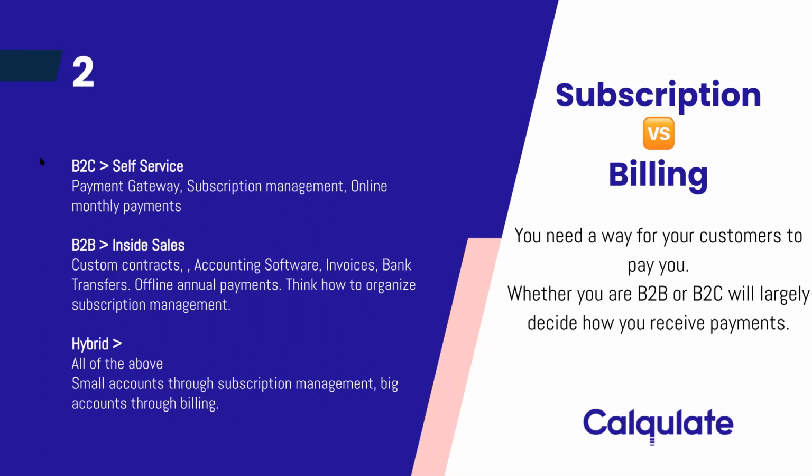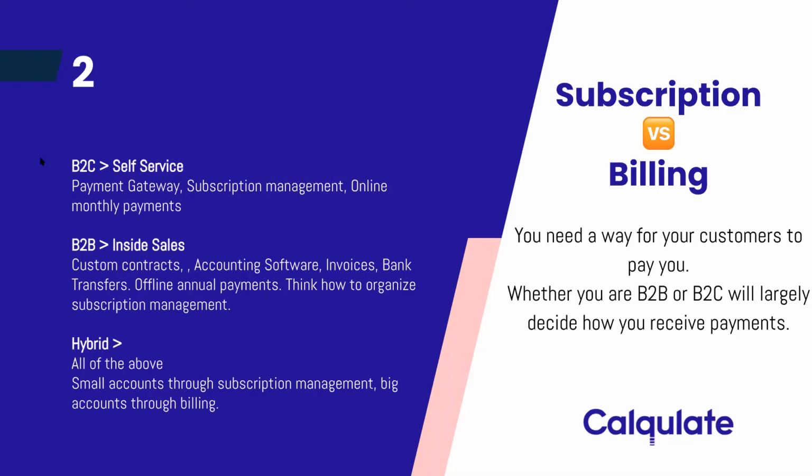But a lot of B2C companies would be self-serve companies. They need a really good payment gateway. They need a really good subscription management tool, and they get money in through online payments. B2B companies are often on the other side of the spectrum. So they would have lots of salespeople using CRM systems and sending custom contracts to their customers.